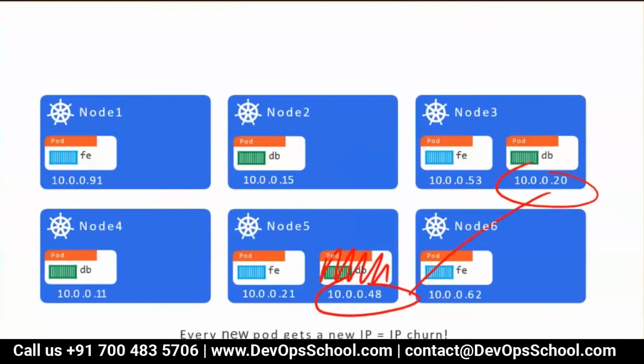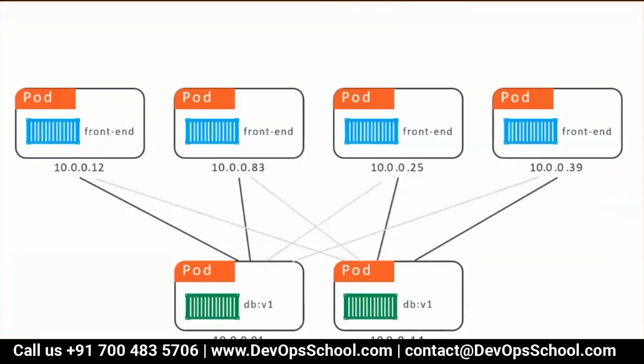Now, how do we create guidelines for which front end will talk to which backend? That is a problem we are facing right now. Look at this here. There are four front end pods and two backend database pods. Now, which front end will talk to which backend? That is the question here.